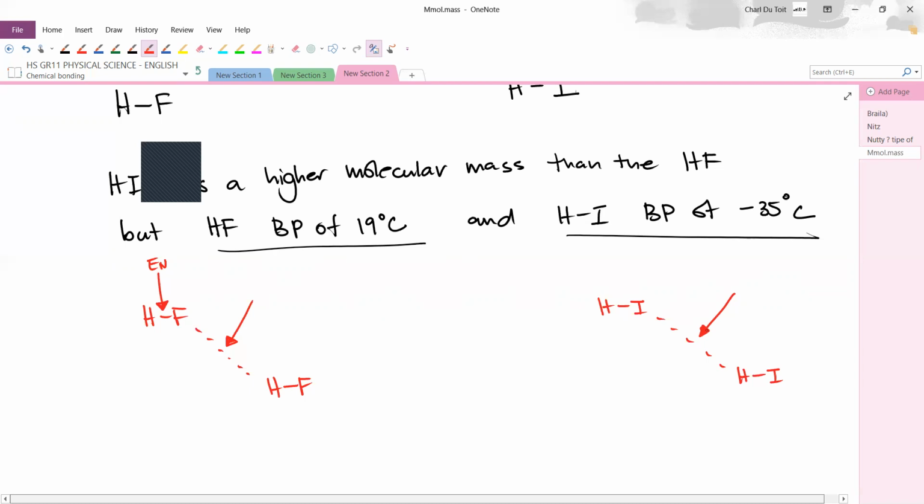Answer: what is the intermolecular force between hydrogen fluoride and another hydrogen fluoride molecule? I think it's polar covalent.